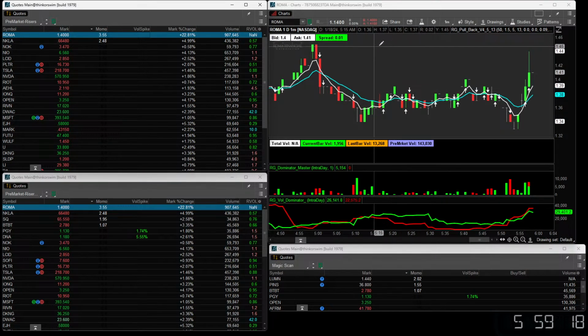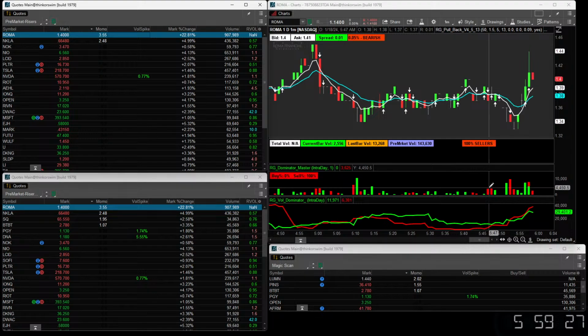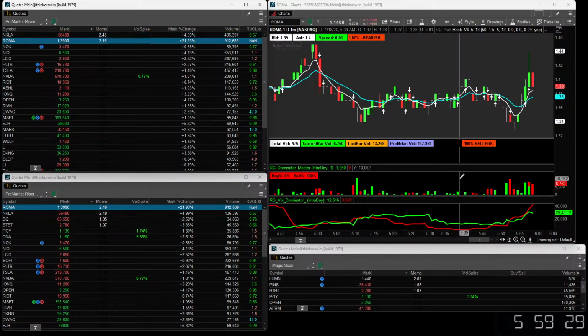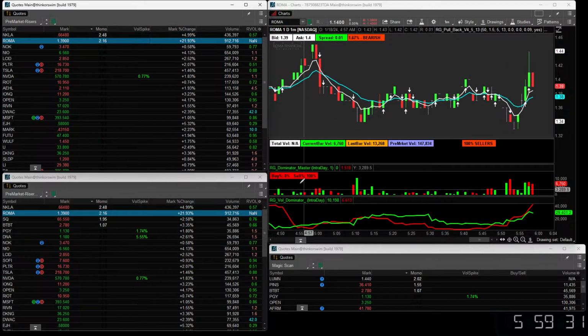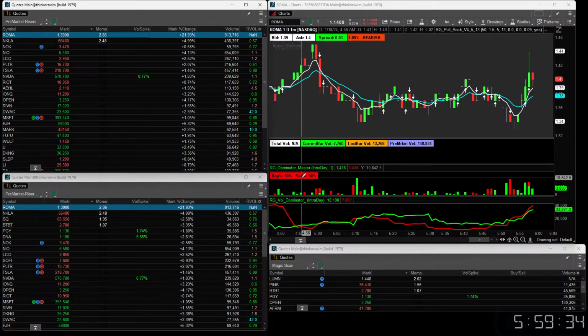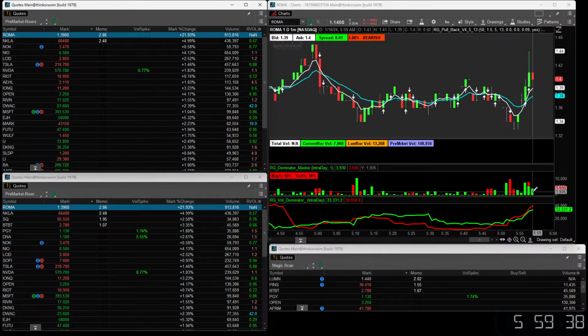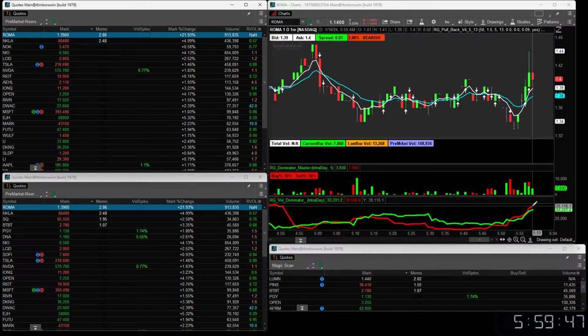And up here, you'll see a bullish and bearish label pop in once it's bullish or bearish. These are also two volume indicators. This one is Dominator Master, and it lets you know the percentages of the buyers and the sellers in this candle, or I should say bar. It's not a candle. And this is the older Dominator. This one still really rocks the trading world. It's great. It shows the buyers and the sellers.